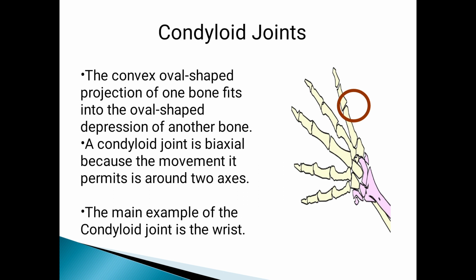Now we'll come to see what is flexion and extension. And the second axis is abduction and adduction. So because of the movement in two axes, the example is the wrist joint. You can see wrist joint.